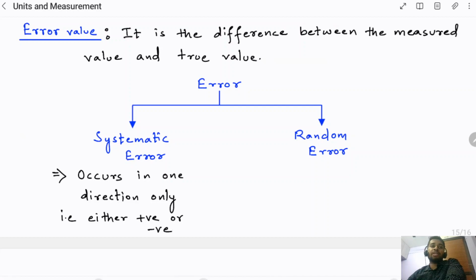Whereas random error can occur in any direction. It can be either positive or negative. So random error does not have a fixed direction.